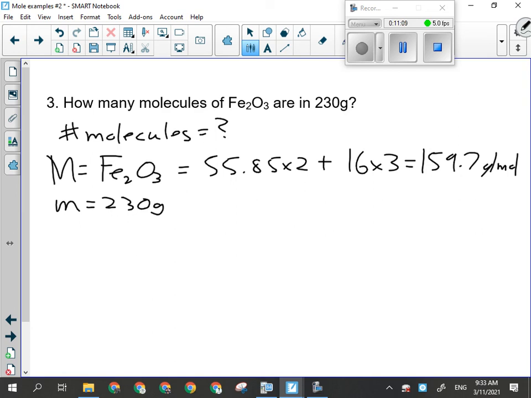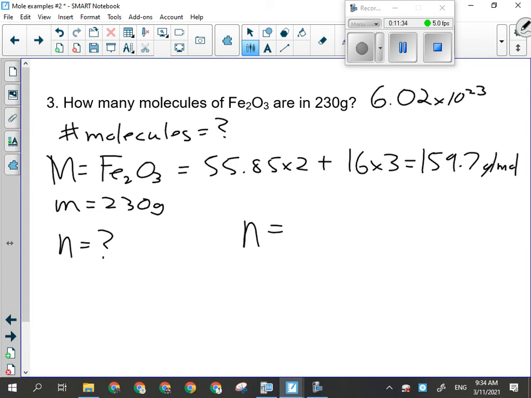All right, so if I want to find the number of molecules, I'm going to need to use Avogadro's number. I'll use it by multiplying it by the number of moles. If I find the number of moles and I multiply by the number of molecules in 1 mole, I'm going to get the number of molecules. So the next thing I've got to find is the number of moles, which is pretty easy.